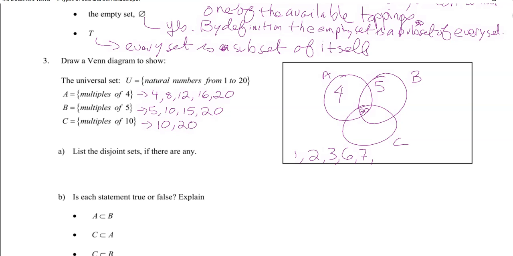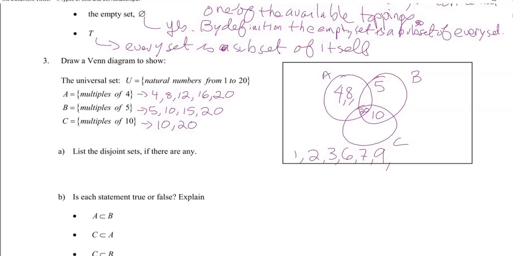6, 7, 8, only A. 9, 10, where does 10 go? So is 10 inside circle B? Is 10 inside the circle C? Is 10 inside the circle A? No, that's good then, right?